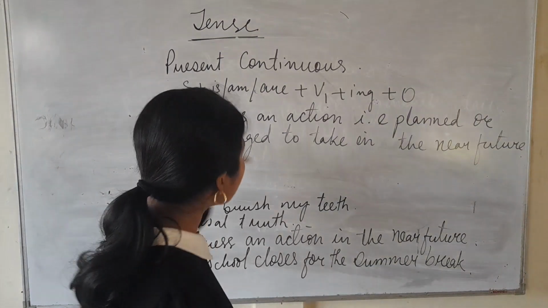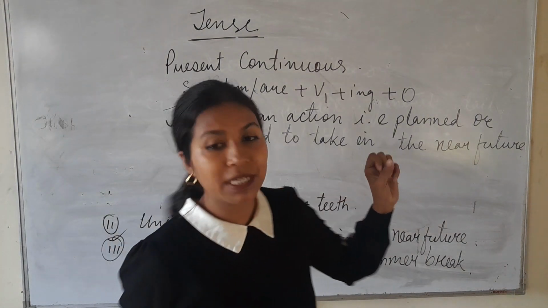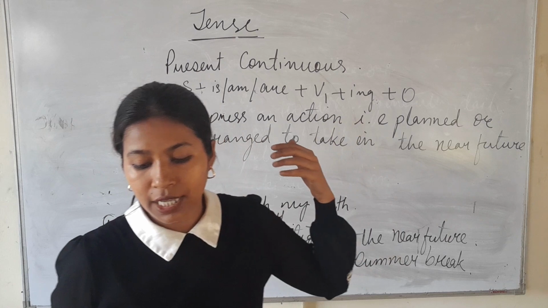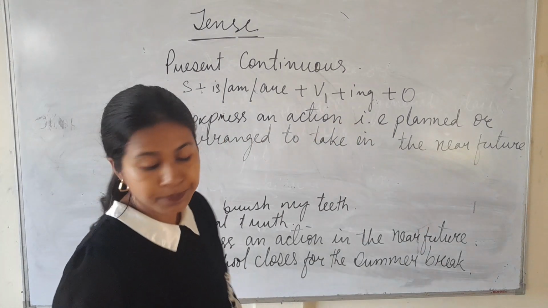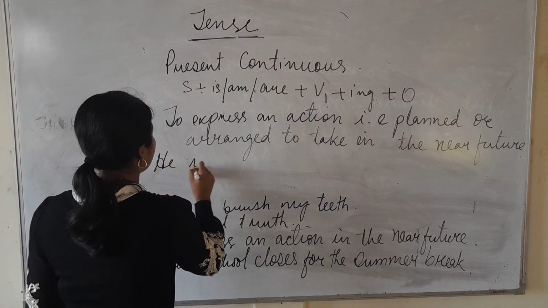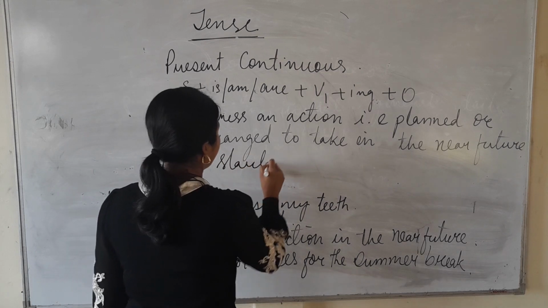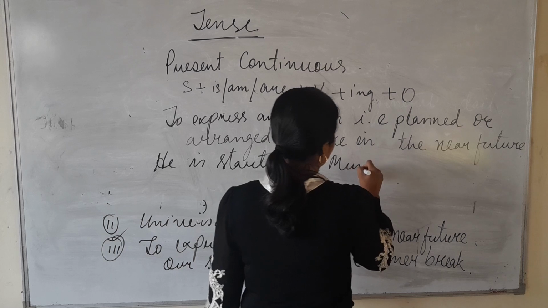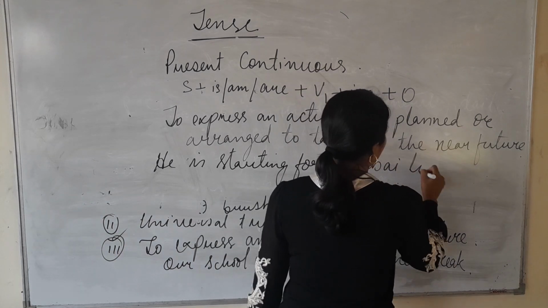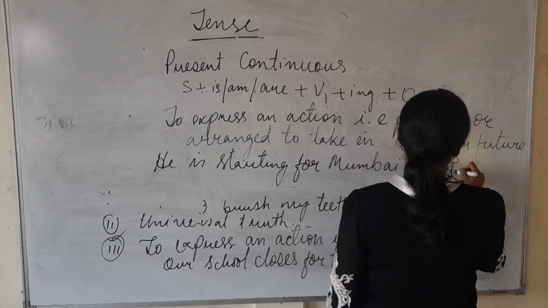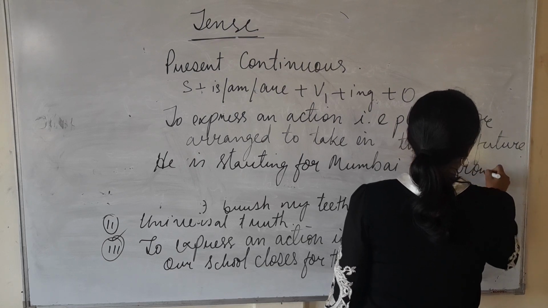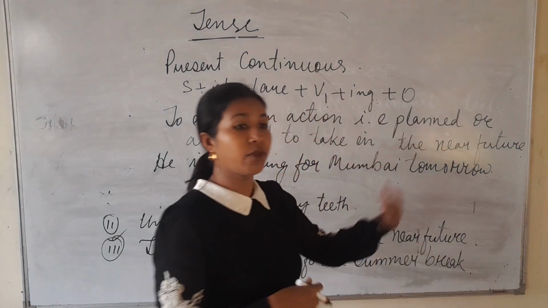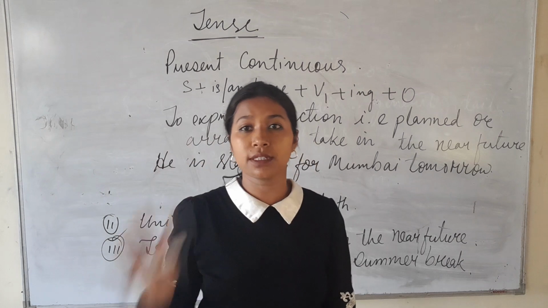Now, to express an action that is planned or arranged to take place in the near future, let's put up an example. We can say, he is starting for Mumbai tomorrow. That means he will be going to Mumbai, he will start tomorrow.